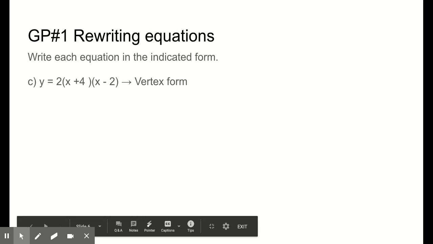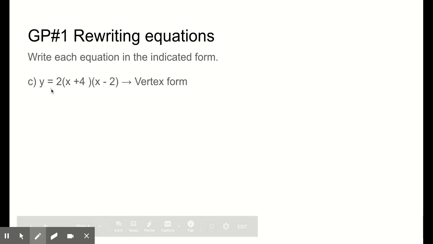Okay, so for our last GP, similar to what we saw in the explore problem, we are given an equation in factored form, and we are asked to write this in vertex form. Now, you could go through the process of rewriting this into standard form. So double distribute binomials and distribute the 2.